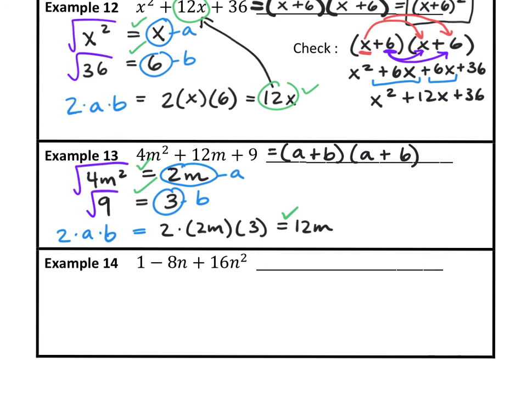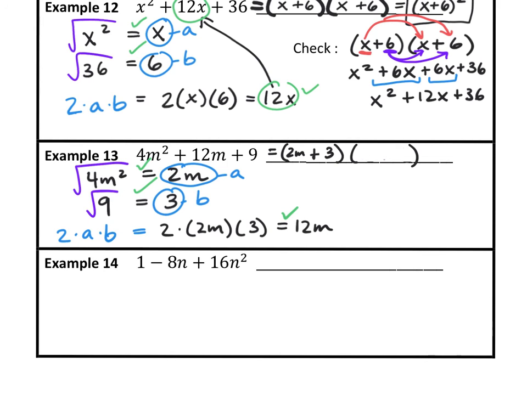We're going to replace this, right? We're going to say a plus b. But what was a? A was 2m, b was 3. So it's going to be 2m plus 3. And same thing over here.